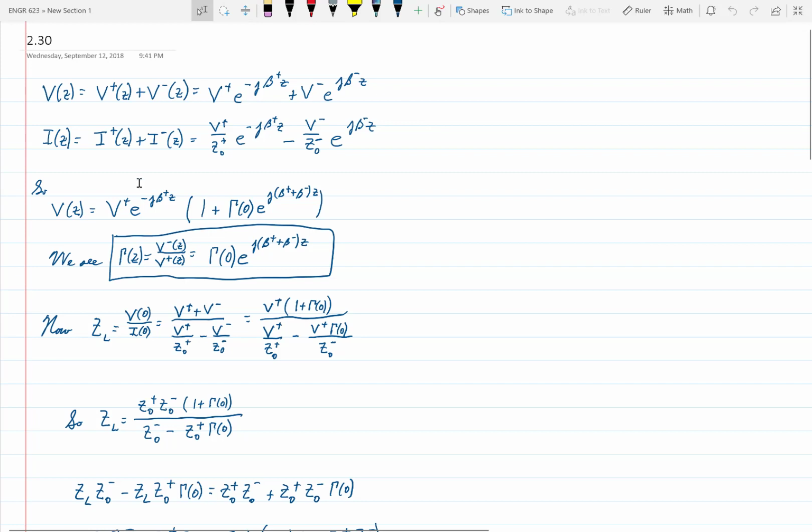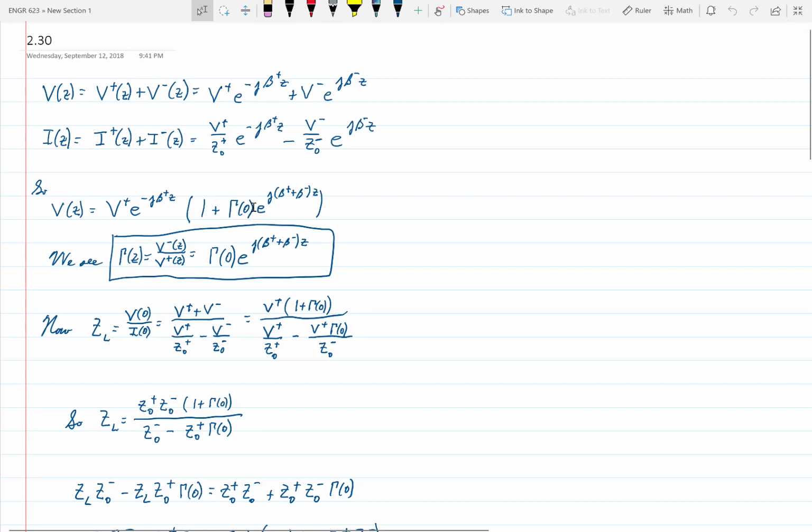For V of Z, as usual, we can factor out this first term, and then we're left in parentheses with 1 plus gamma of 0 e to the j beta plus beta minus Z. You remember in the usual case, we would have 1 plus gamma of 0 e to the j 2 beta Z, but now the 2 beta breaks up into beta plus beta minus.